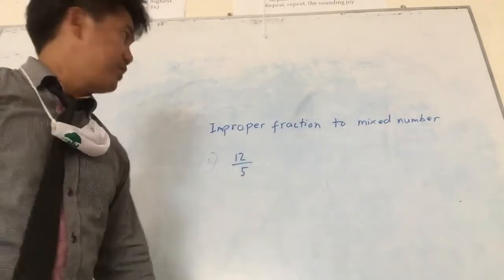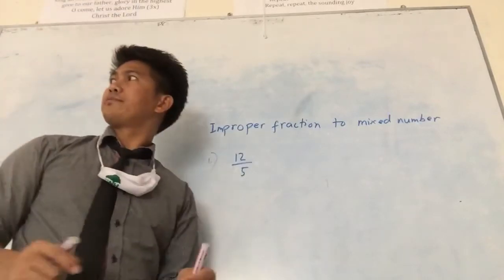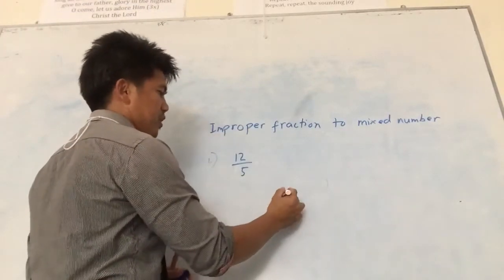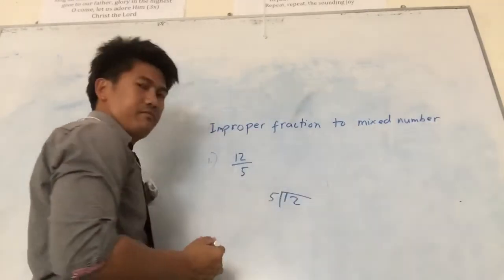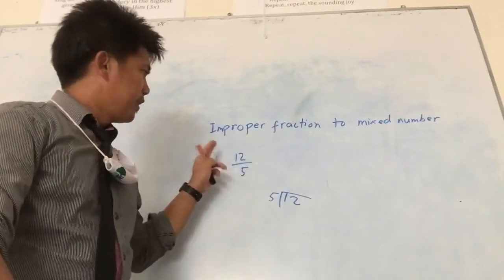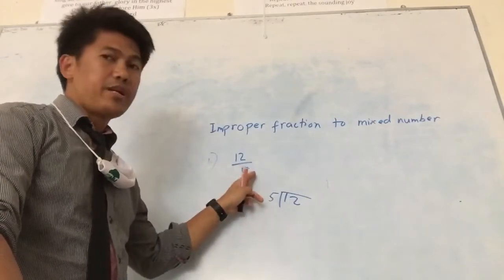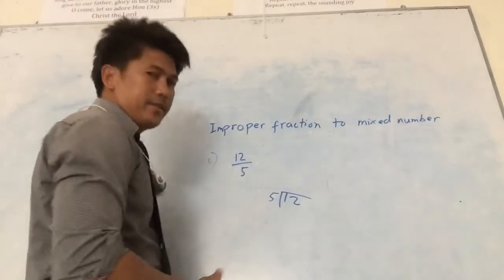How can you change this into a mixed number? You just divide. So that is 12 divided by 5. Always remember, when you divide a fraction, the numerator is always your dividend and the denominator is always your divisor. Okay, so let's get started.